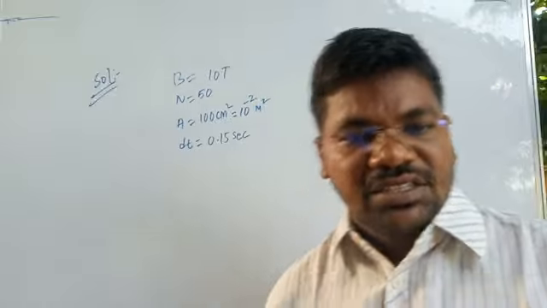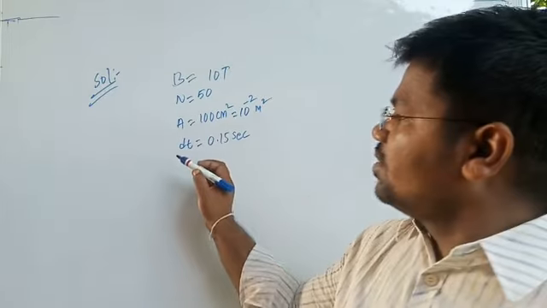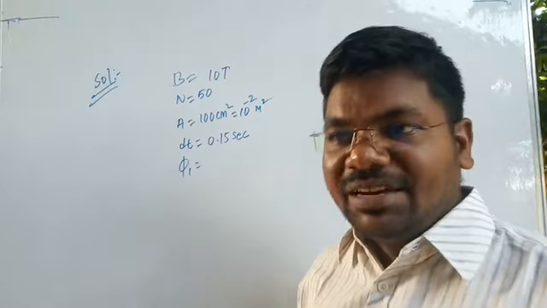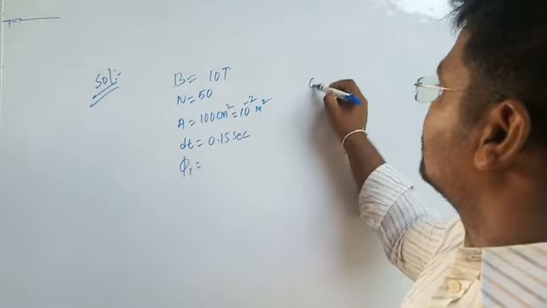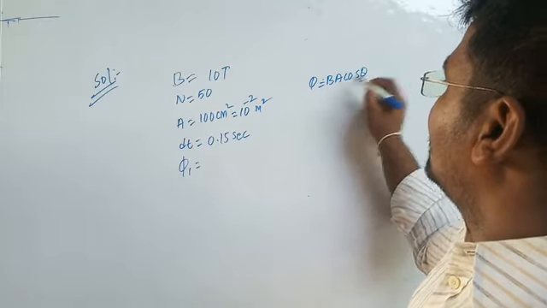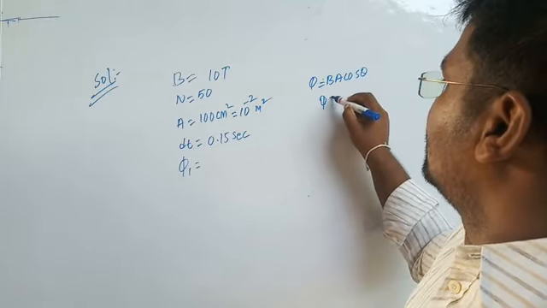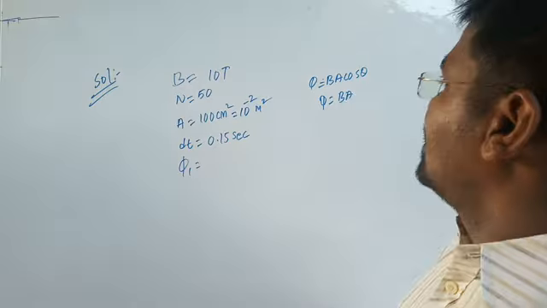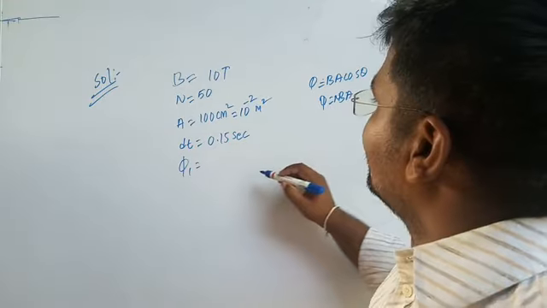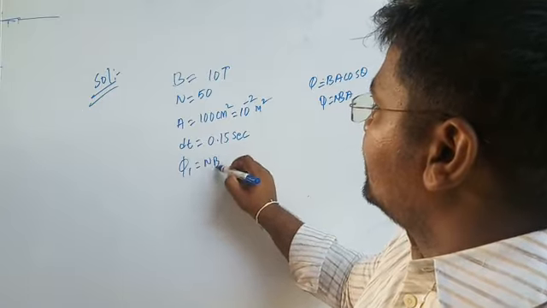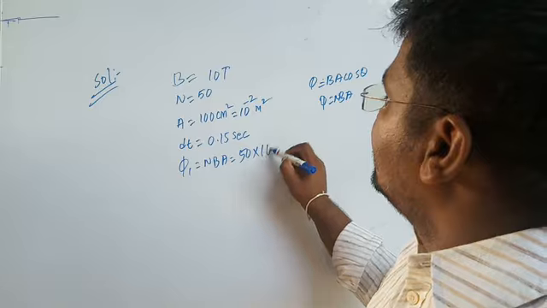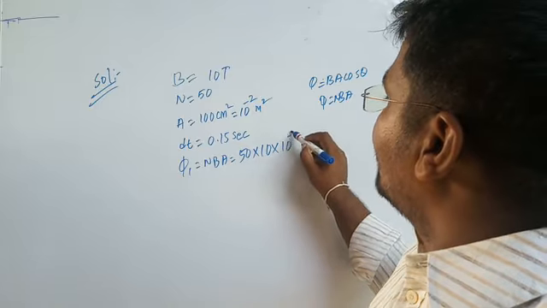So we know that phi 1 is equal to NBA. We know that flux is equal to BA cos theta. Here there is no angle, that's why phi is equal to BA. Number of turns is given, so NBA. Understand? 50 into 10 into 10 power minus 2.